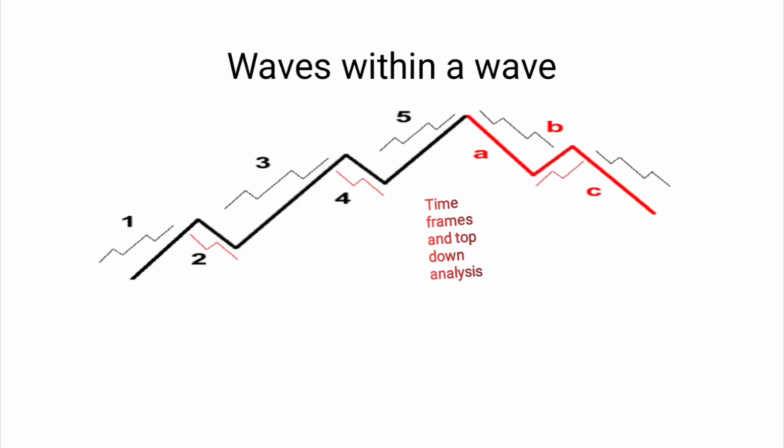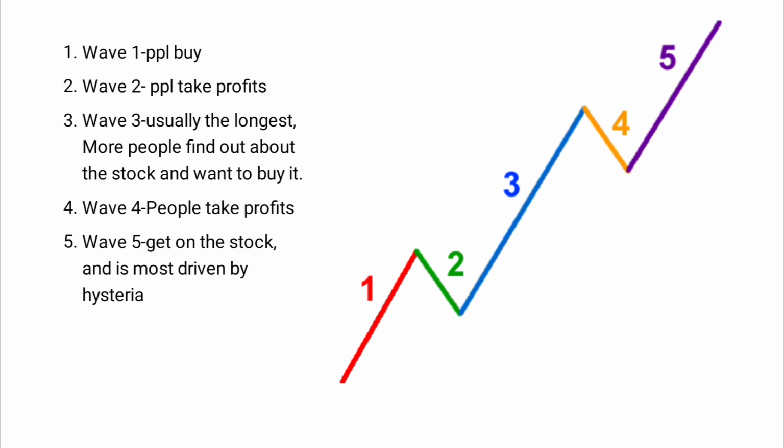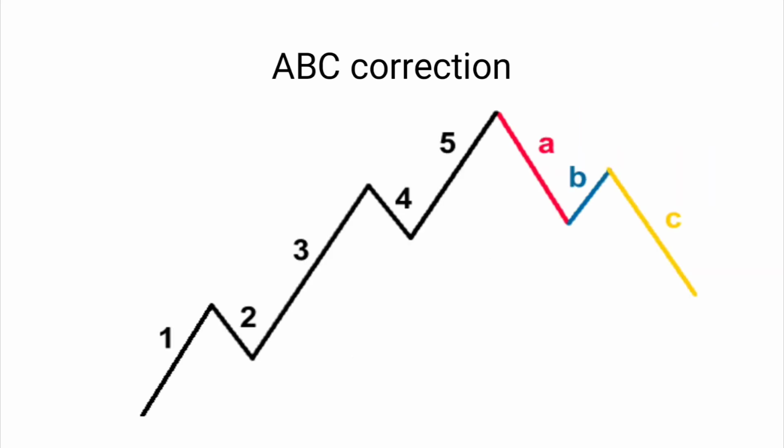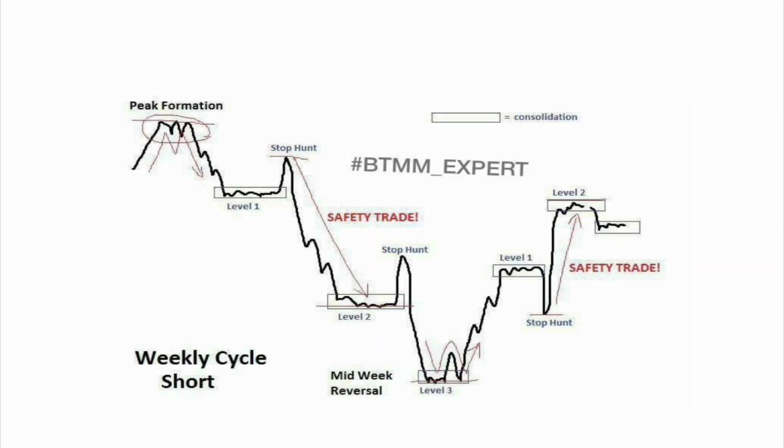If you look at the Elliott wave principle, level 3 usually has the longest. More people find out about the stock and want to buy it, so it's usually aggressive. Then it comes down to level 2, forms a lower low, gives a retrace, and then comes back down.